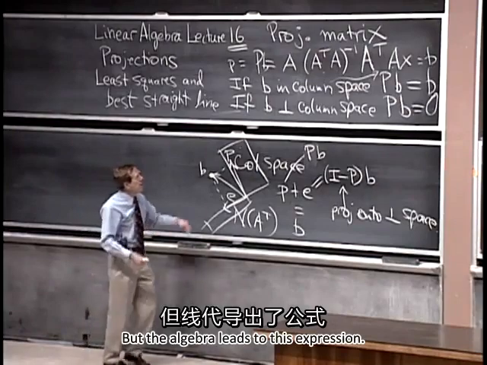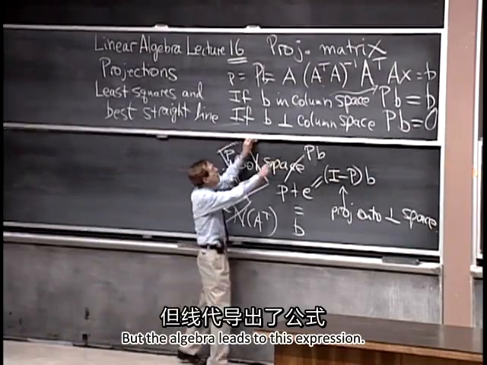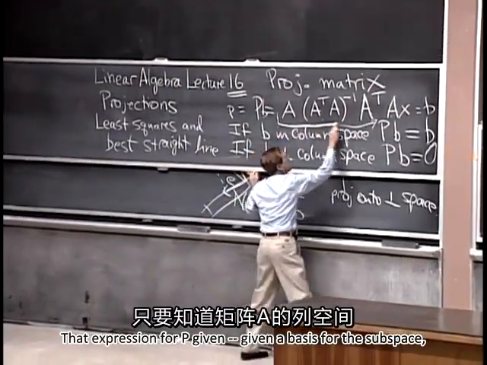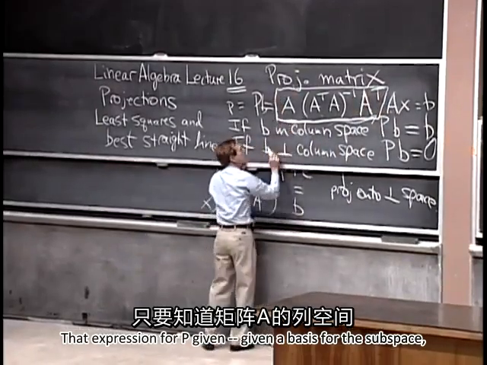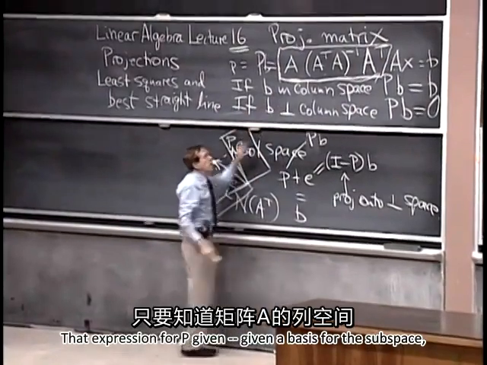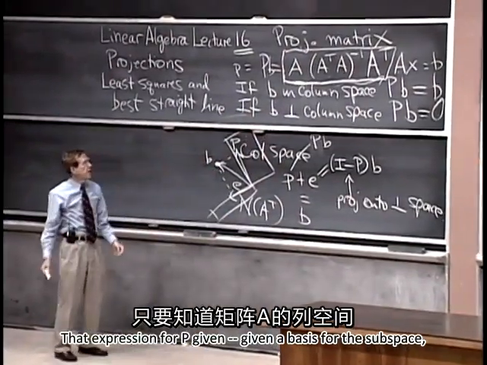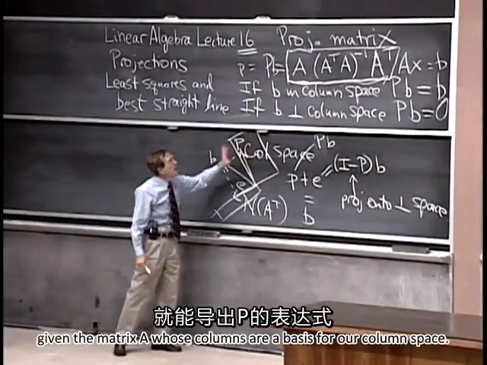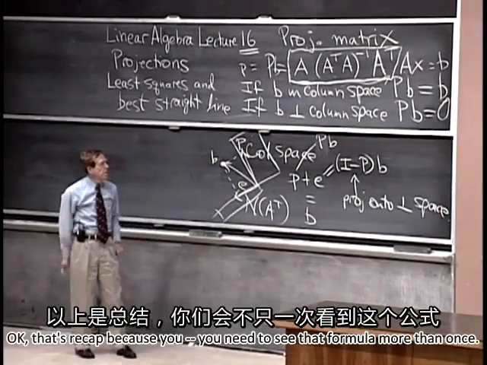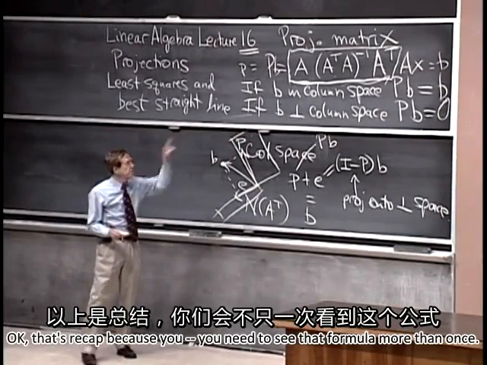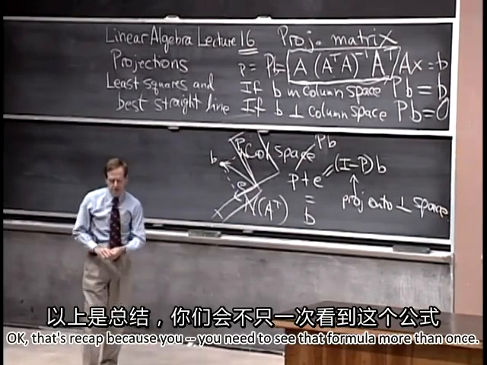But the algebra leads to this expression, that expression for P given a basis for the subspace, given the matrix A whose columns are a basis for our column space. Okay, that's recap because you need to see that formula more than once.